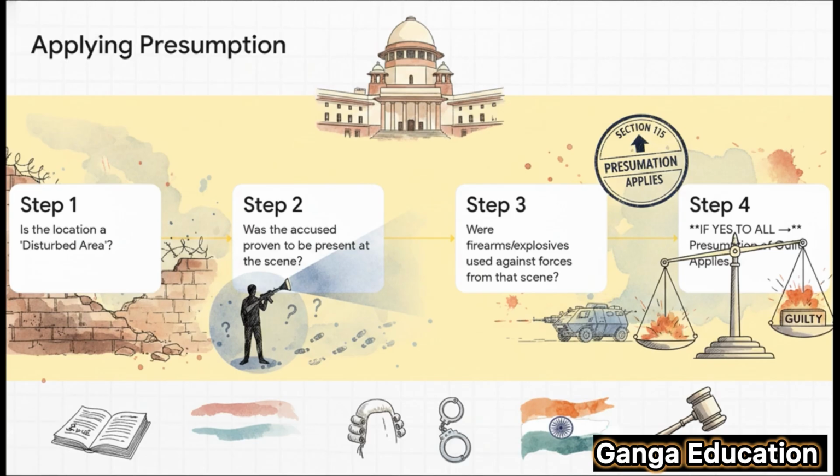Step 2, has the prosecution proved beyond a reasonable doubt that the accused person was present at that scene? And step 3, were firearms or explosives actually used against security forces from that location? Now, if and only if the answer to all 3 questions is a resounding yes, that's when the court will apply the presumption under Section 115, and the burden of proof shifts to the accused.